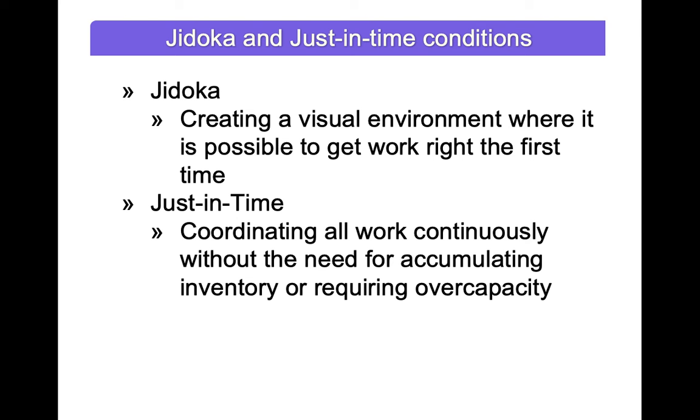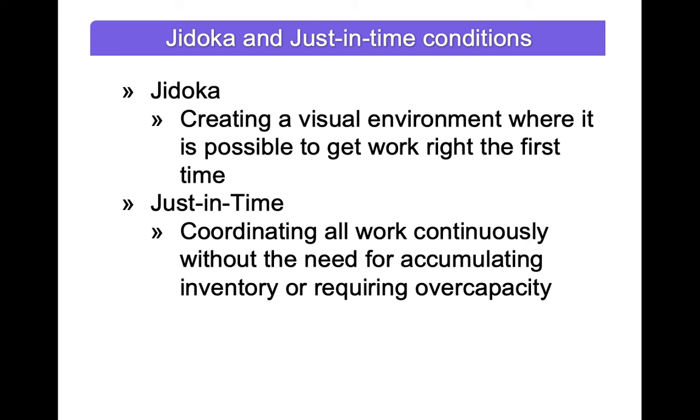Not storing inventory, minimizing inventory as much as possible, not basing it on forecasts. You need up-to-date information. You need to know your demand constantly. It's very difficult, but this is one of the main tenets of lean management.